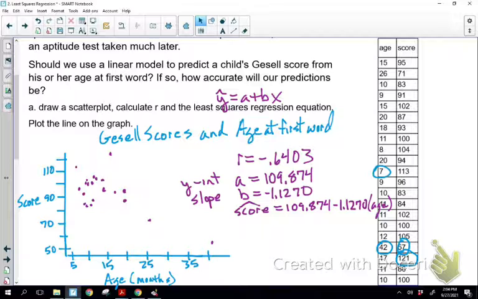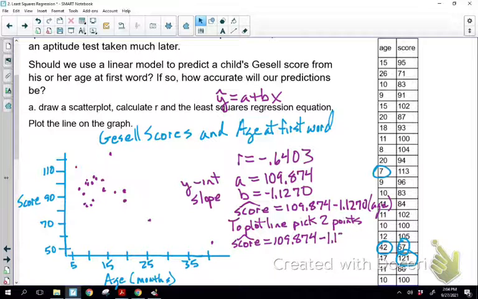And then when I plot the line, pick 2 points. Plug in, and we have 2 observations. So score hat equals 109.874 minus 1.1270 times 10.